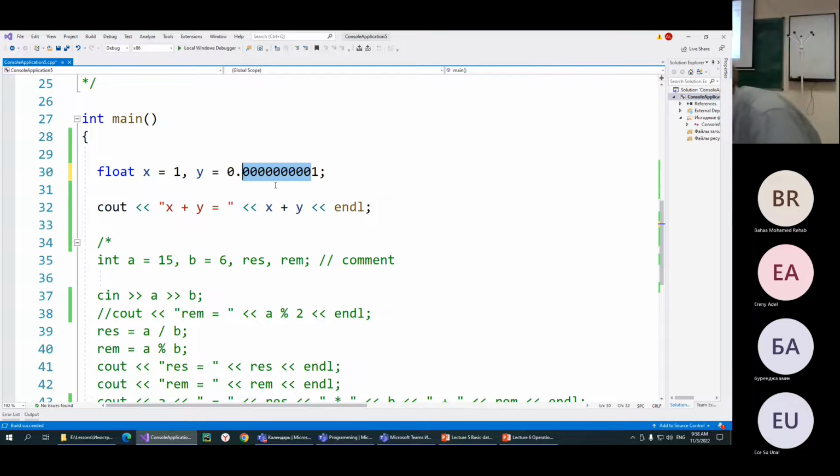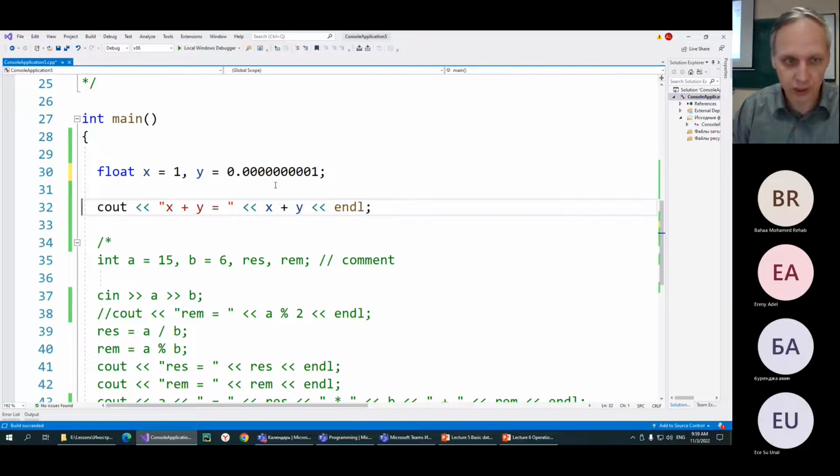What will be the scientific notation for this number? 0, 9 zeros and 1. How to write this number in scientific form? 1 times 10 raised to the power minus 9. Maybe not minus 9 but minus 10, because it is 9 zeros and 1. It's a power of minus 10, but you're very close. So this number can be represented in scientific form.